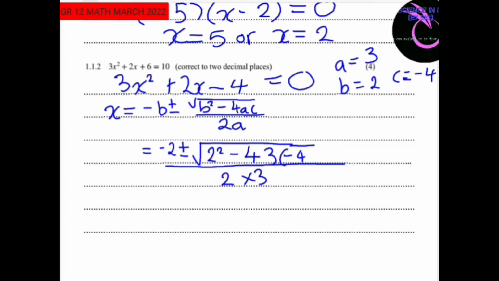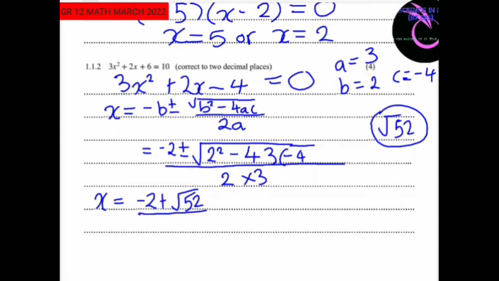What's going to be inside the bracket is actually going to be the square root of 52. That's what the whole bracket simplifies to. So now x is equal to minus 2 plus the square root of 52 over 6, or x is equal to minus 2 minus the square root of 52 all over 6. This will now simplify to 0,8.